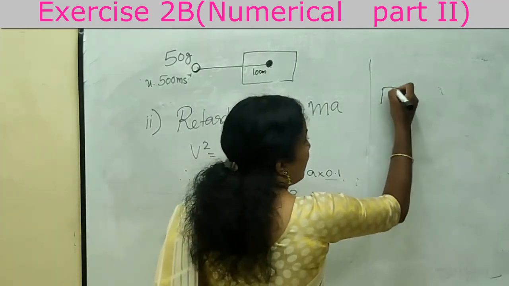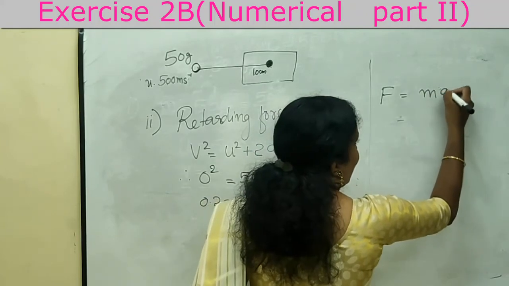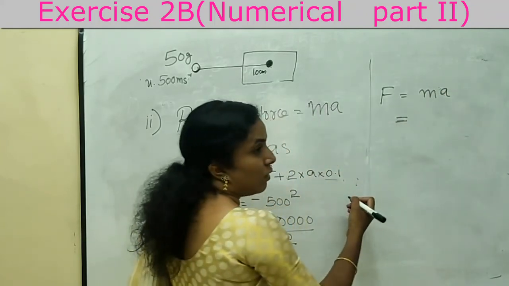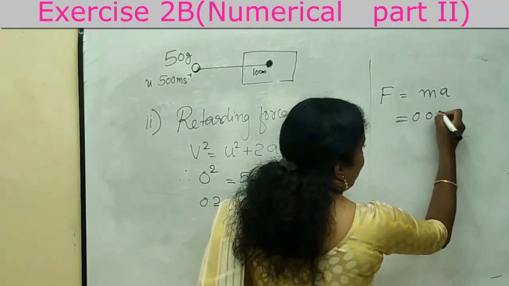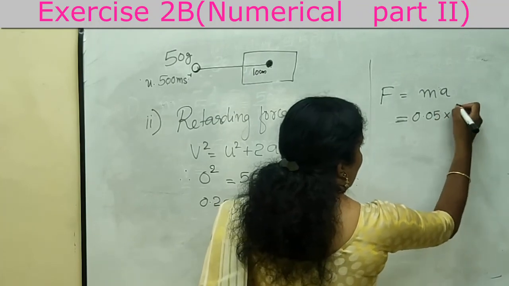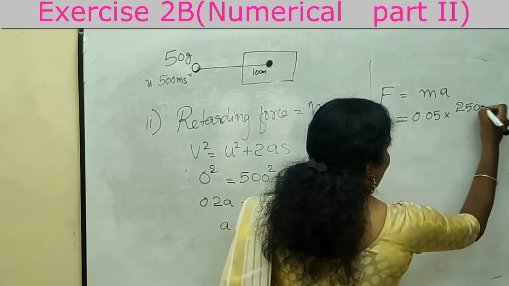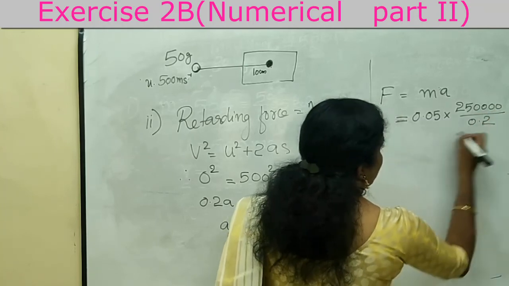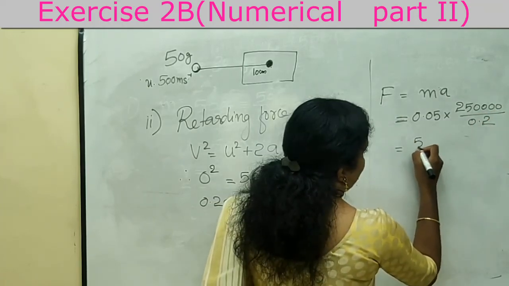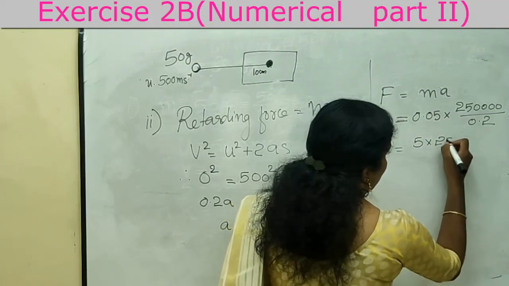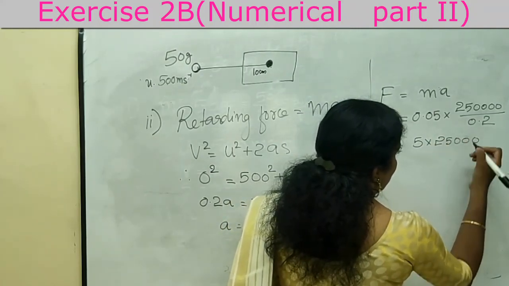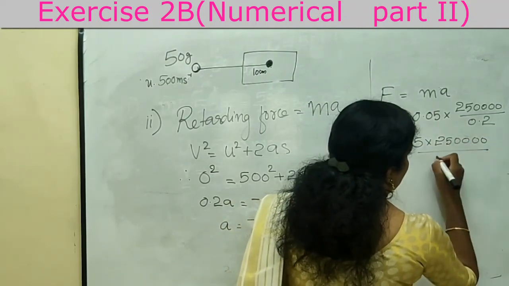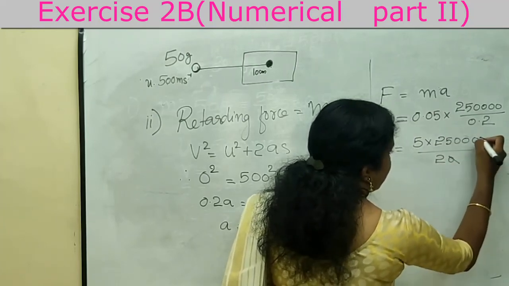Now, force F is equal to ma. Therefore, m is 0.05 into a. 2,50,000 divided by 0.2. That is 5 into 20.